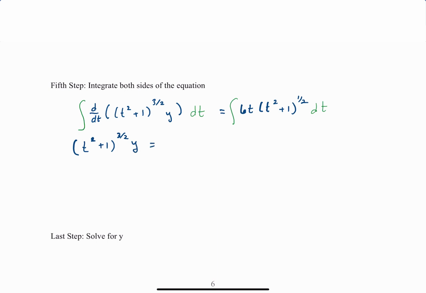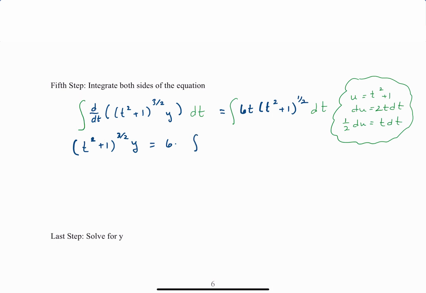equals, and on the right-hand side I'm going to need a u substitution, so let's let u be t squared plus 1, then du will be 2t dt, so I'll be putting in a 1/2 du for the t dt. I'm going to bring the 6 out front.